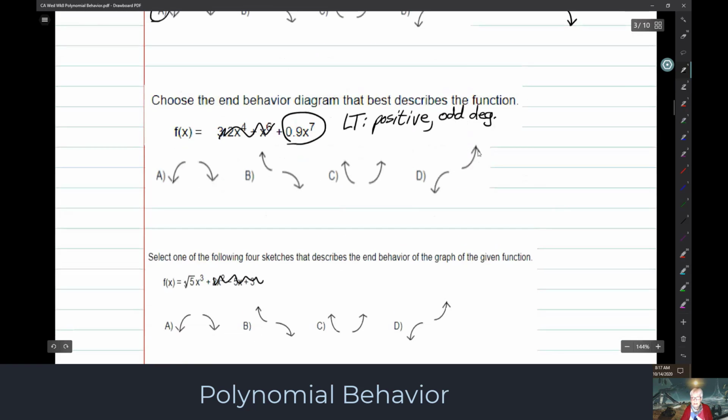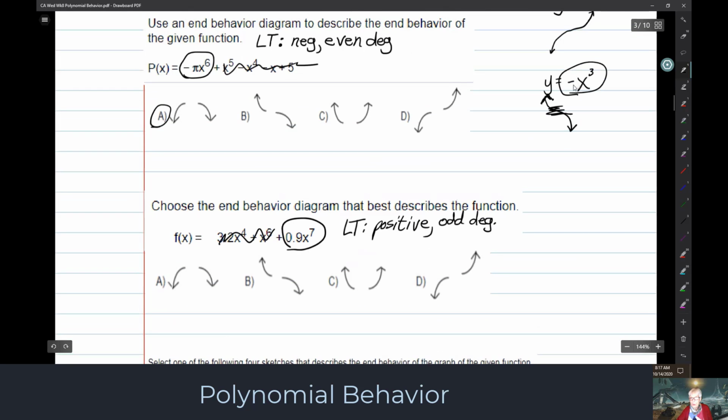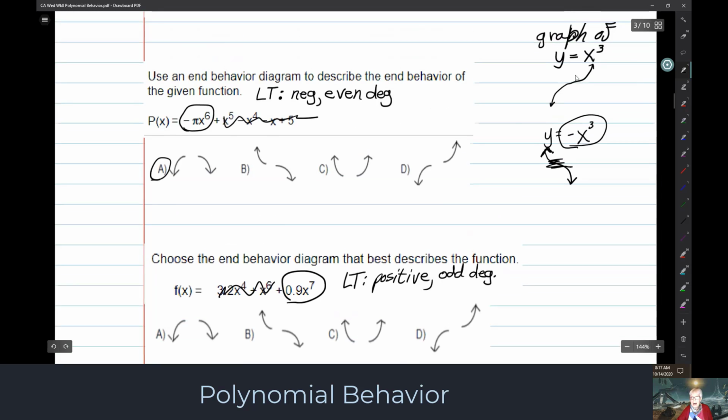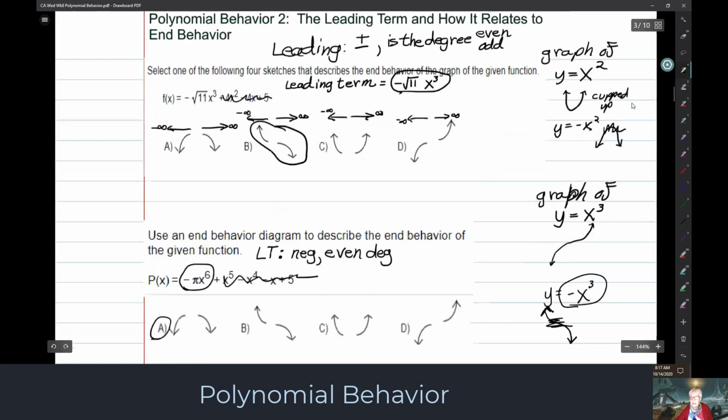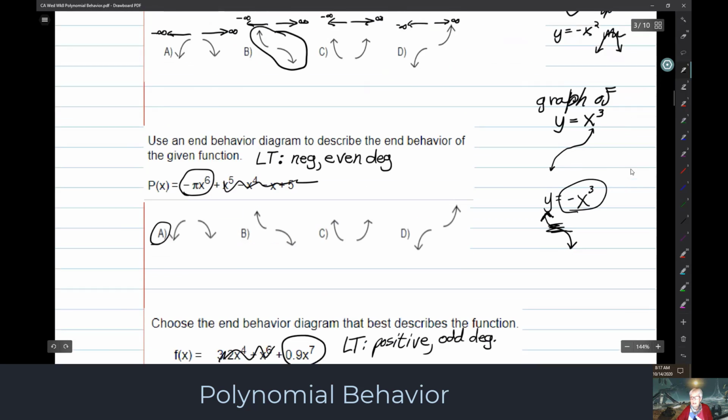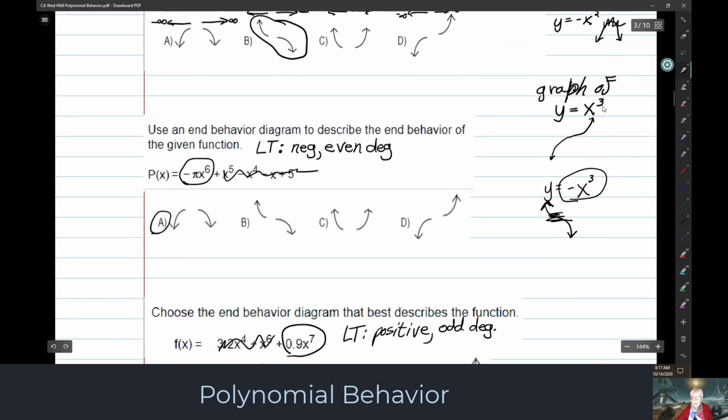So up on the right and down on the left, just like y equals positive x to the third. So these are just the models you want to keep in mind. Even degree, negative and even degree, positive and odd degree, negative and odd degree.